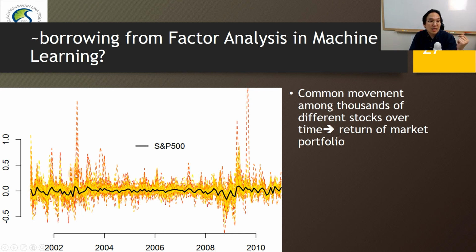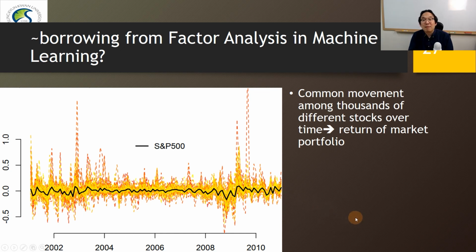That's the S&P 500 index return, which is the average of all these stocks. Commonality sounds spooky, scary, but the average is one kind of commonality that you can infer out of it. So common movement among thousands of different stocks over time, the return of the market portfolio. That's it, right? So RM, that's this.